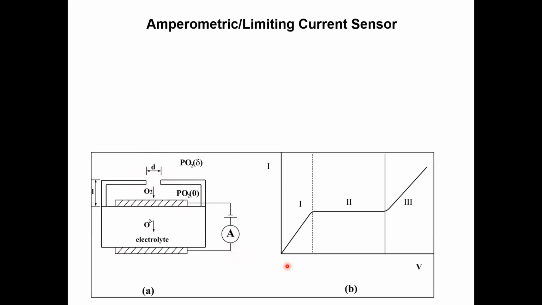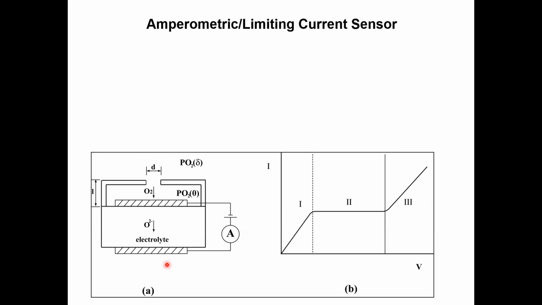Then if you measure the IV of this device, when you apply voltage and measure current, the current will go like this. The current will increase as you increase the voltage. This part is really measuring the resistance of the electrolyte, the resistance coming from the motion of oxygen ions through the electrolyte. And by applying voltage, by the way, you're pumping oxygen from one side to the other.